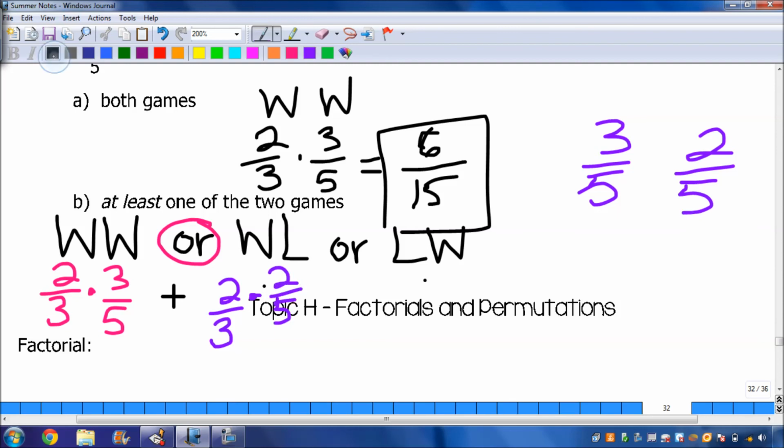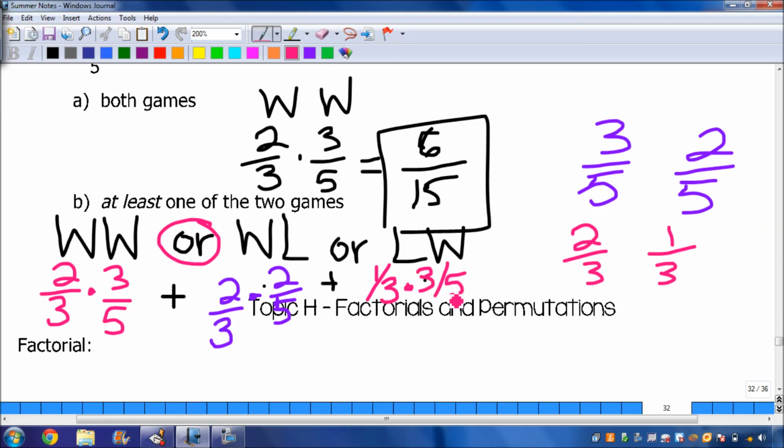And then this is plus the probability of losing the first game. If the probability of winning is 2/3, then the probability of losing is the rest of it, which is 1/3. And I'm going to multiply that by the probability of winning the second game, which is 3/5.